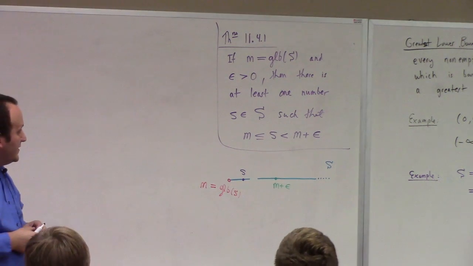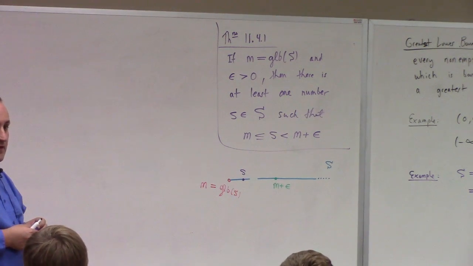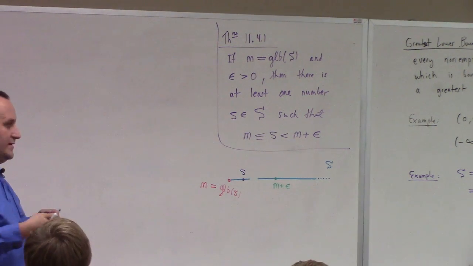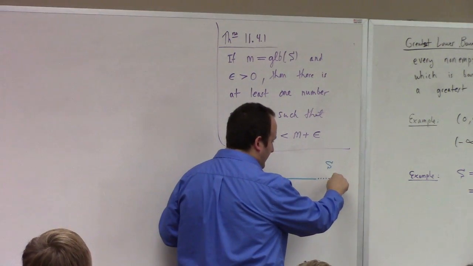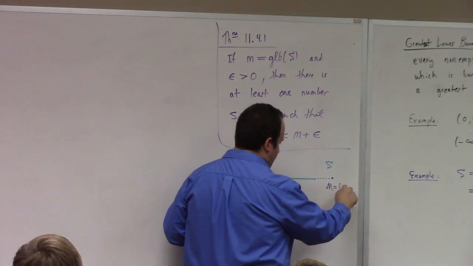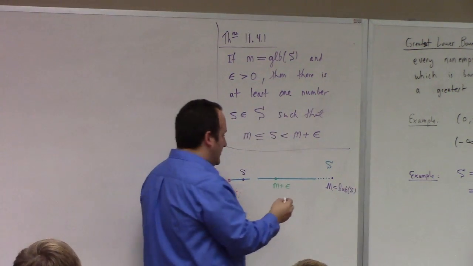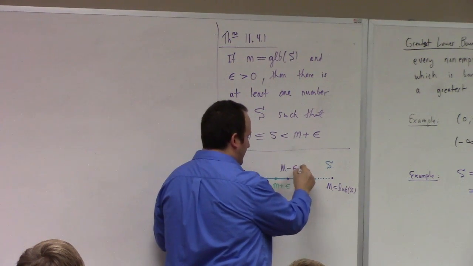That means that you can always find some point between the edge of S and m plus epsilon, if it's got a lower edge. There's a similar theorem if you had a least upper bound, like over here. If you had a big M equals the least upper bound of S, you could look at something like M minus epsilon.